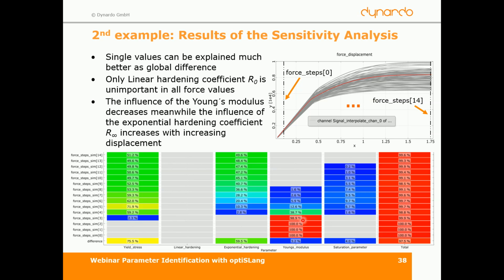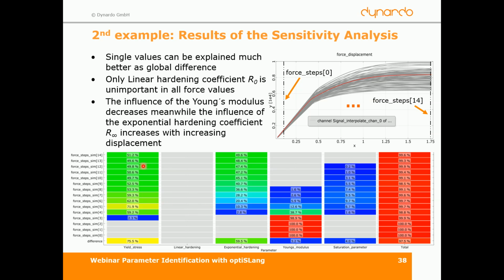You see also that the Young's modulus is the most important parameter for these first 3 force steps. That means these force steps 0, 1 and 2 lie in this linear elastic behavior, and so it's clear only the Young's modulus plays some role, and by increasing the displacement, the influence of the Young's modulus will decrease.